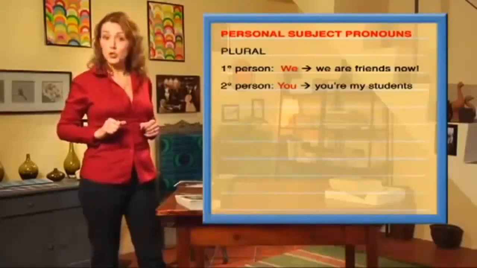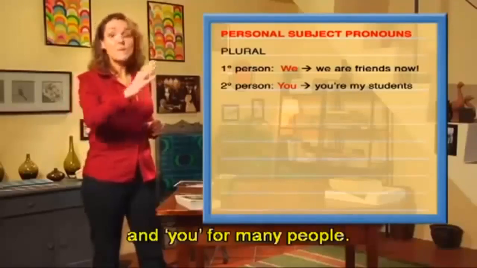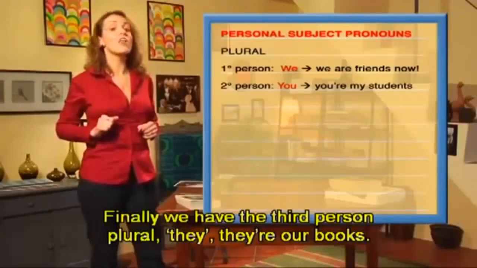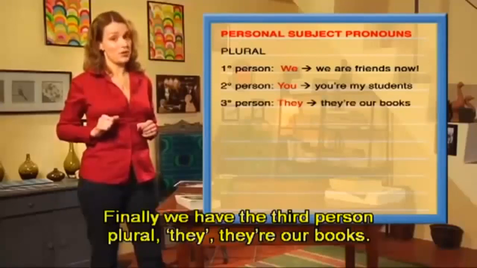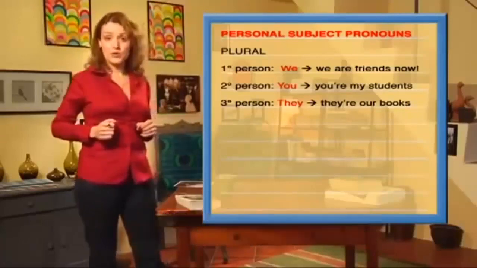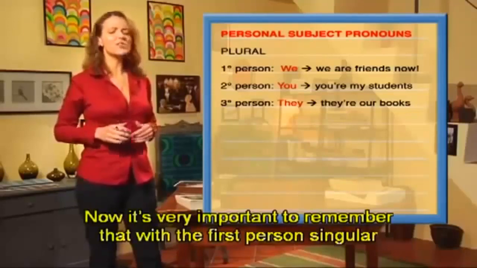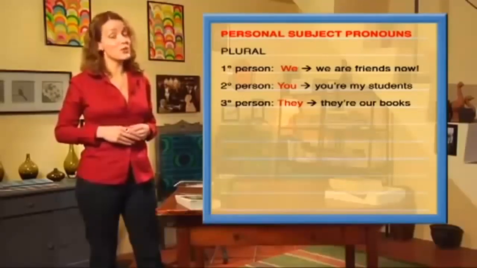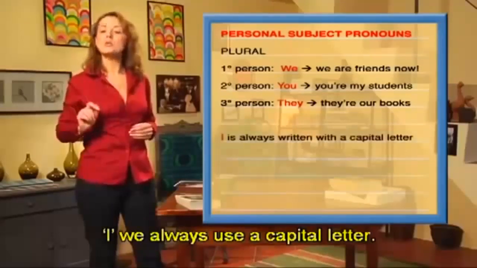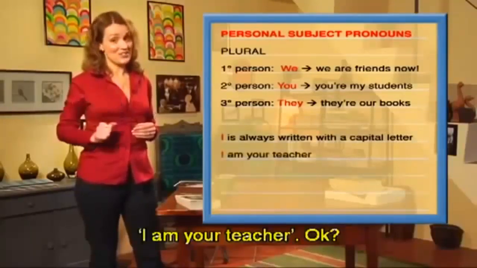We say you for one person and you for many people. Finally, we have the third person plural, they. They're our books. Excellent. Now it's very important to remember that with the first person singular, I, we always use a capital letter. I am your teacher, okay?